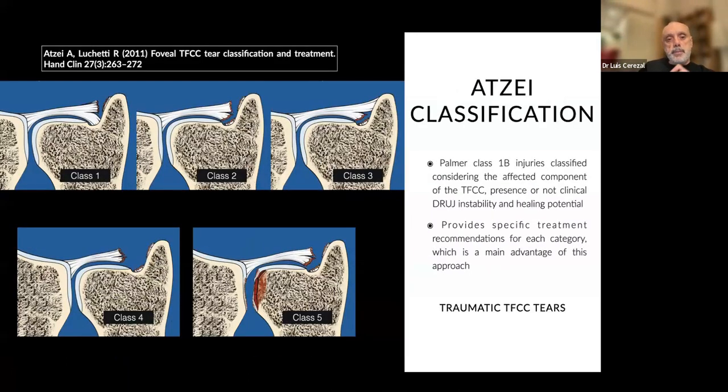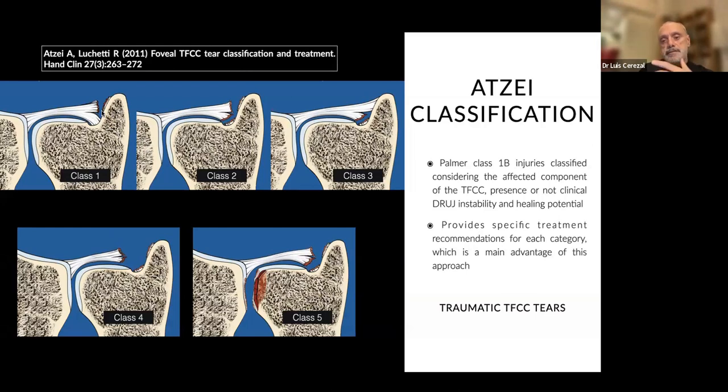And another very popular and useful classification is the Atzei subclassification of Palmer class 1B. It's a classification considering the affected component of the TFC, the presence or not of distal radioulnar joint instability, and the healing potential of the injury.